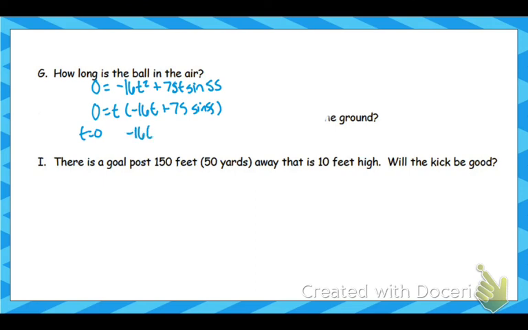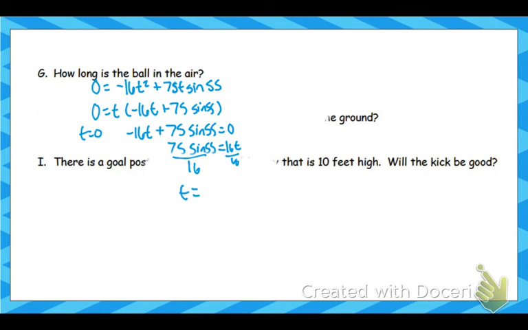Then we'll take the other factor, set that equal to 0, and divide by 16. Plug that into a calculator, and that's going to give us the time that it's in the air. So 75 sine 55 divided by 16 gives us a time of 3.84 seconds.